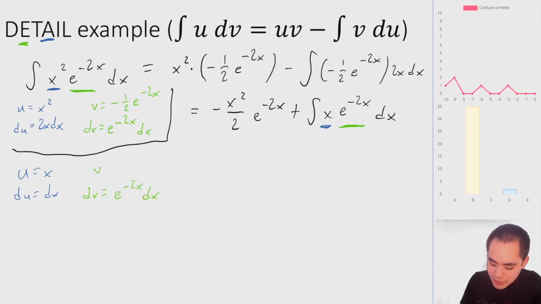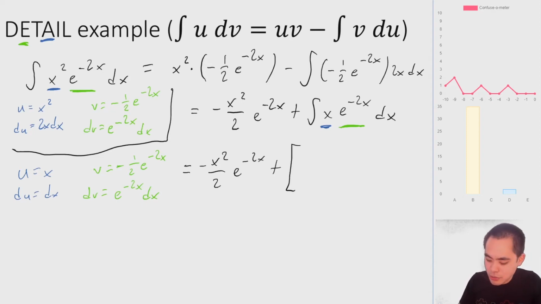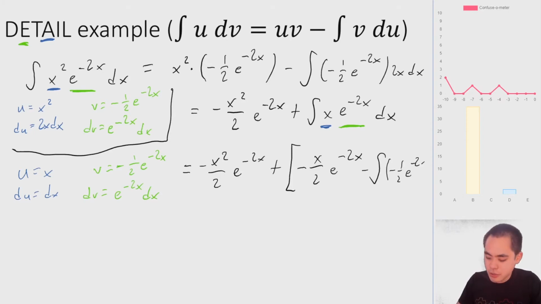Of course, we already solved that one, so v is equal to minus 1/2 e to the minus 2x. And you end up with another integration by parts. So this overall is going to be minus x squared over 2 e to the minus 2x plus this new integration by parts, which is going to be minus x over 2 e to the minus 2x minus the integral of minus 1/2 e to the minus 2x dx.